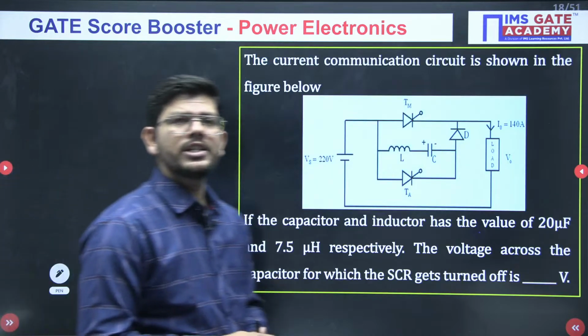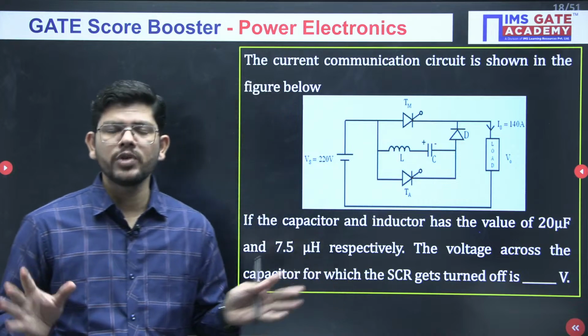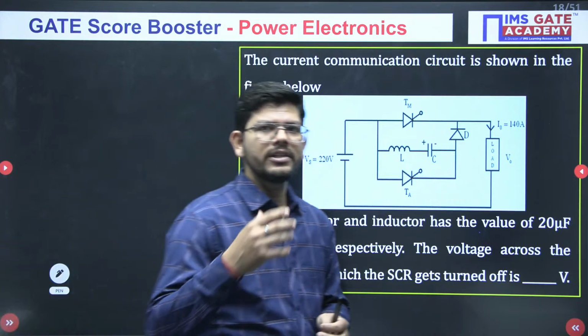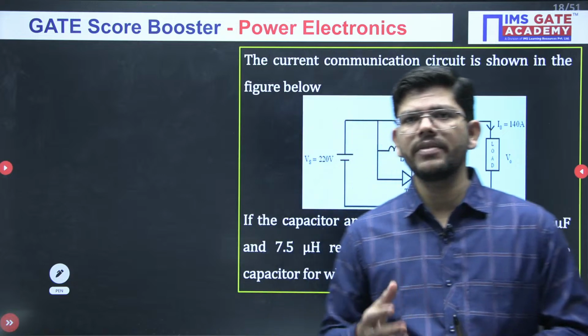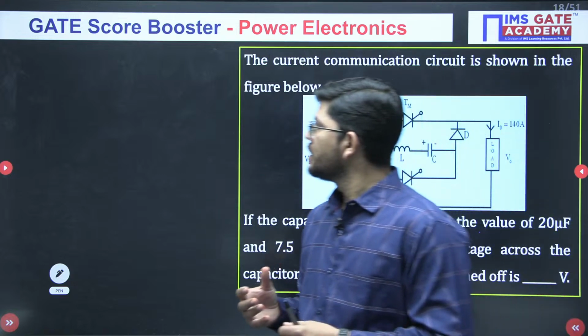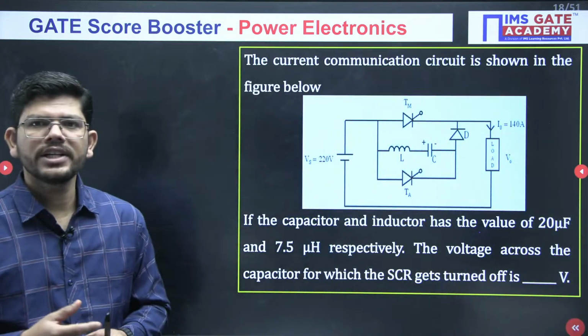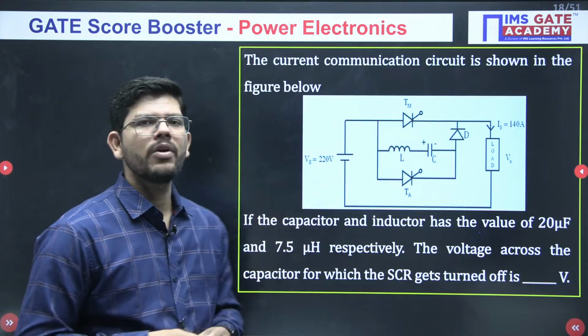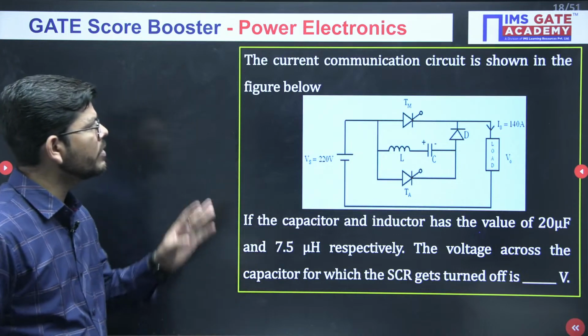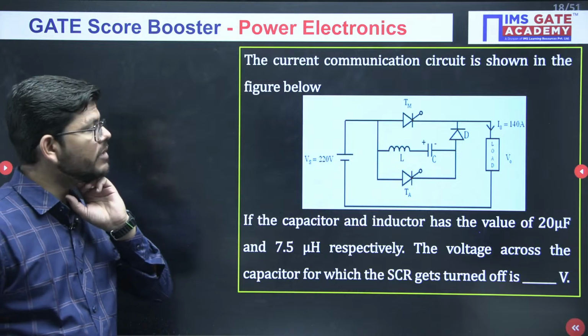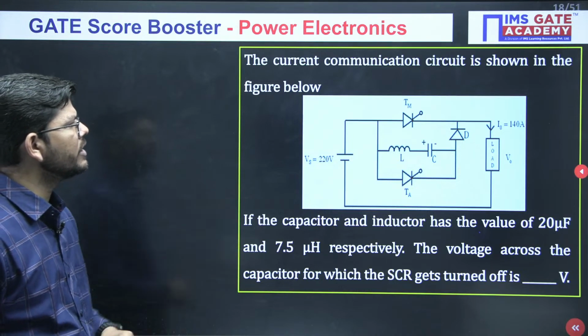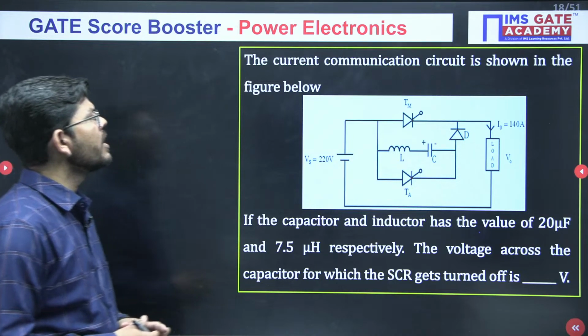Now, questions from commutation. We have covered switch realization, we have covered the switches, and we have covered the switching characteristics of the switches as well. Now comes the commutation circuit. So just see this question. Let me read it out.